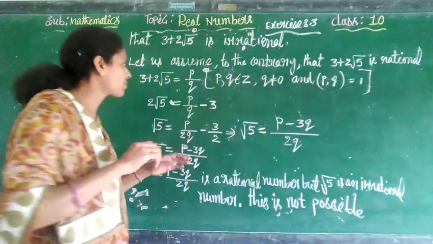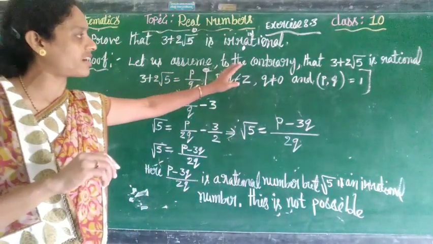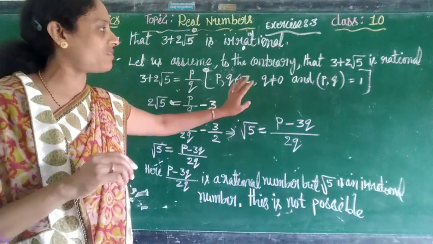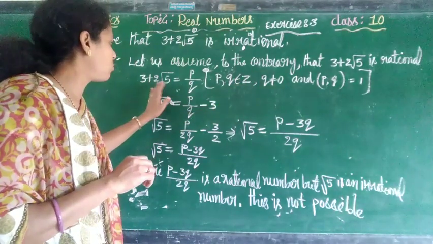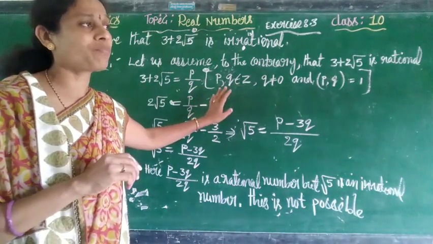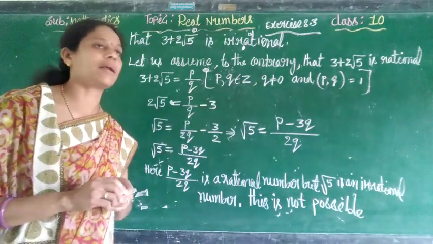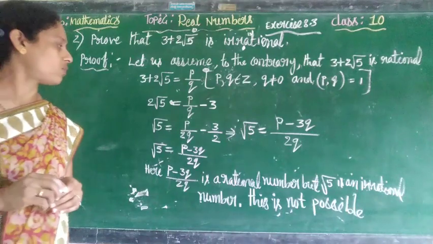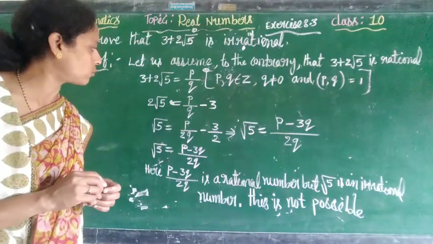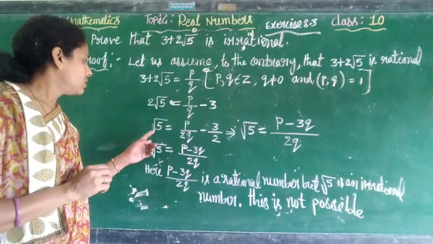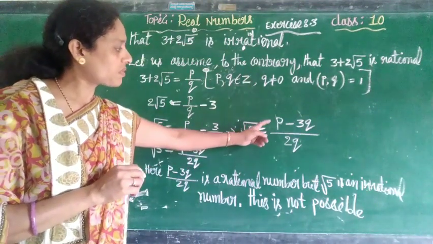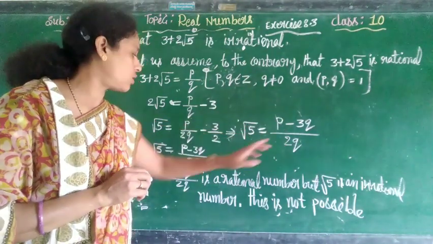Once again, let us assume to the contrary that 3 plus 2 root 5 is rational. 3 plus 2 root 5 is equal to p by q, where p, q belongs to Z, q is not equal to 0 and gcd of p and q is equal to 1. 2 root 5 is equal to p by q minus 3. So root 5 is equal to p minus 3q by 2q.